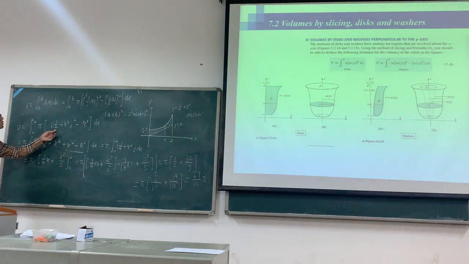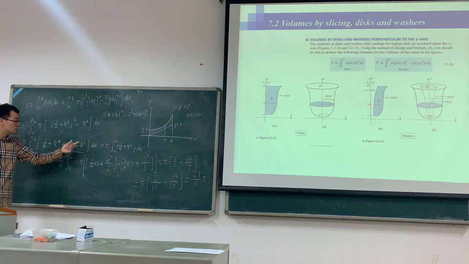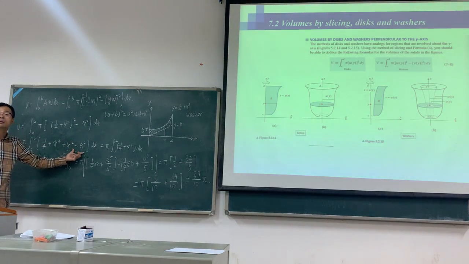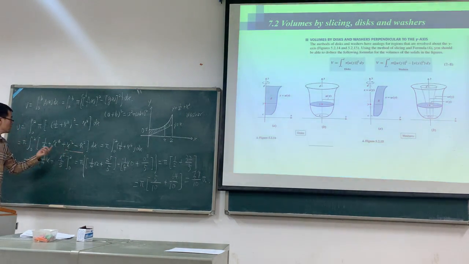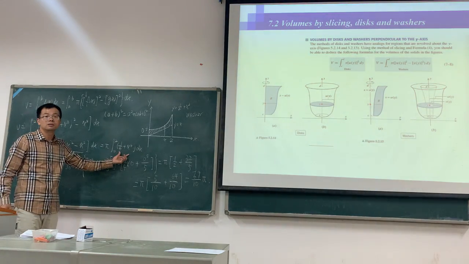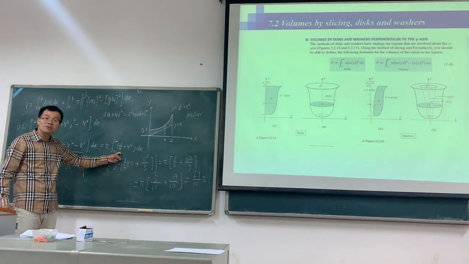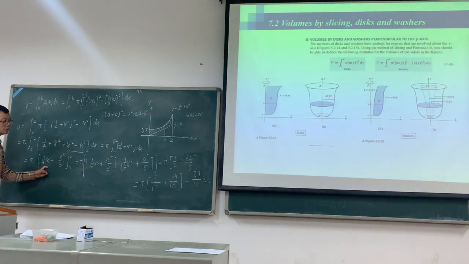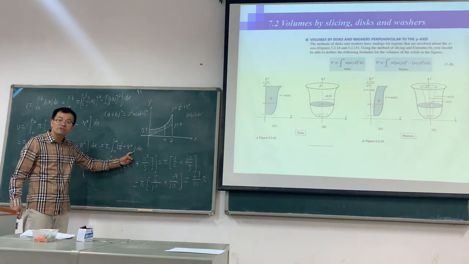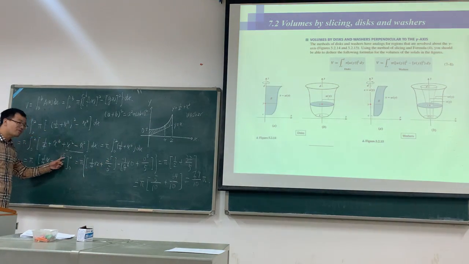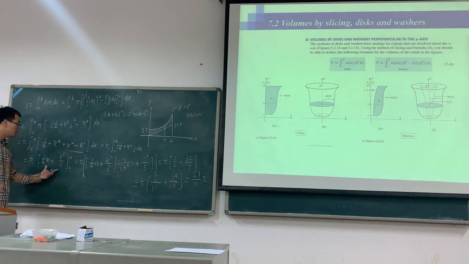So 2 times 1/2 times x squared is x squared, minus x squared, so they cancel. So the antiderivative of 1 over 4 is 1 over 4 x, and the antiderivative of x to the fourth power is x to the 5th power over 5.